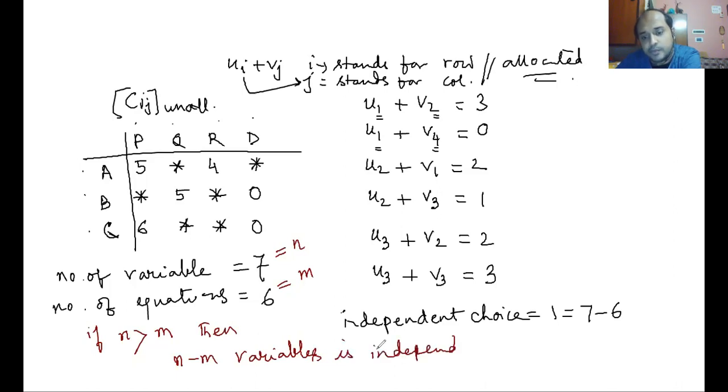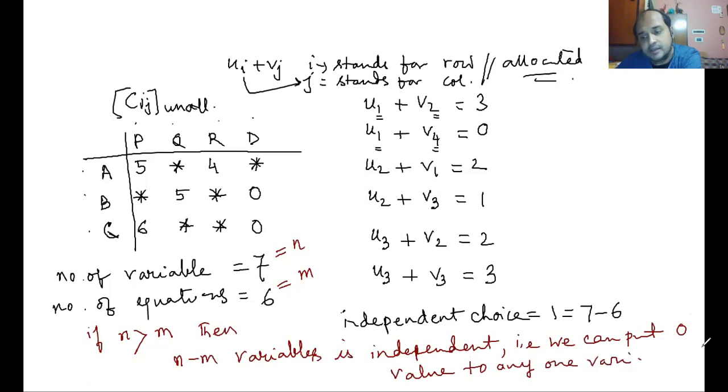That means we can put a 0 value to any one variable out of these n variables. So here I can put 0 value to any one variable out of all these variables.